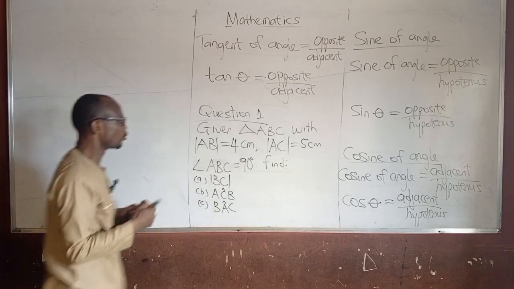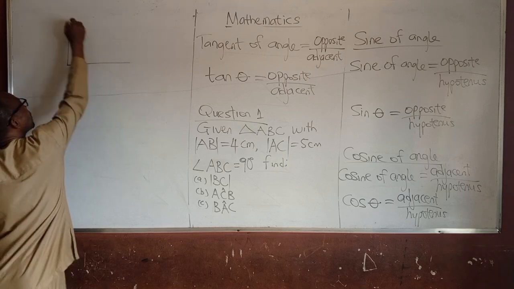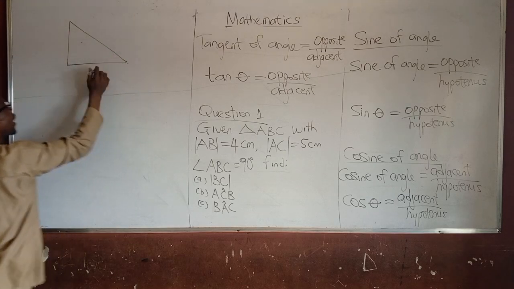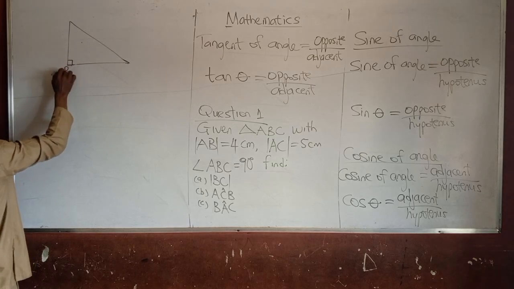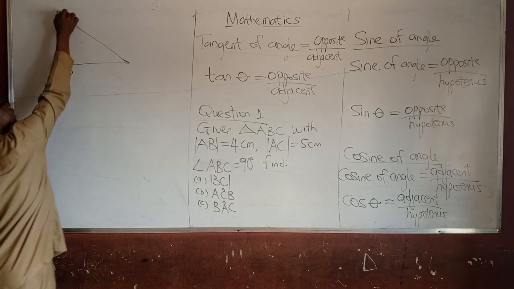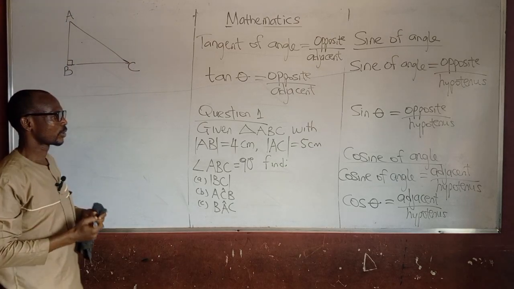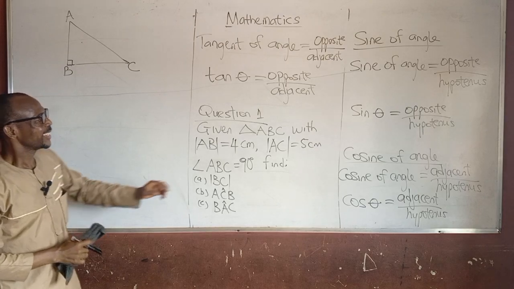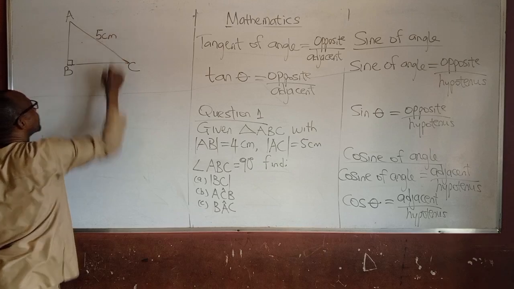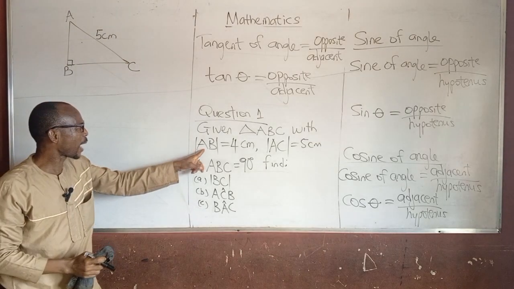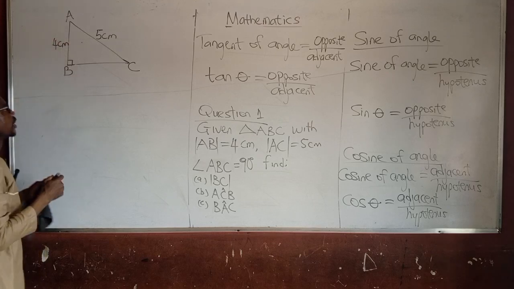So make we draw this triangle. Look at the triangle now. This triangle, they tell you say the 90 degree here now, here be B. Then this now our A and this now our C. Hope you see that now our AC, let's say here now 5cm, and our AB here now 4cm.